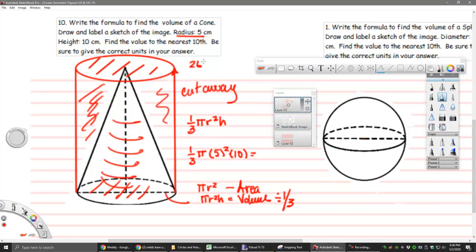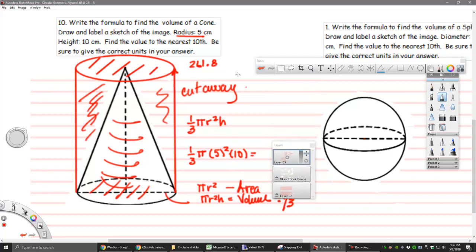So let me go ahead and write that number down so I can remember it. And remember our units are centimeters. So we have a centimeter for the radius, we have a centimeter for the other radius, because r times r, and then we have a centimeter for the height, and that's going to give us centimeters cubed for our units.